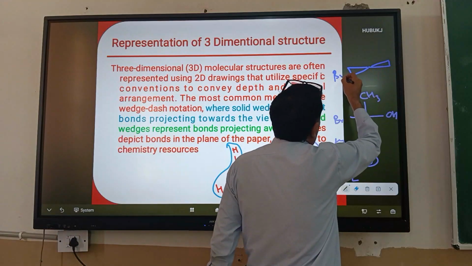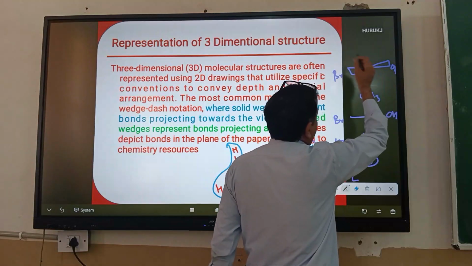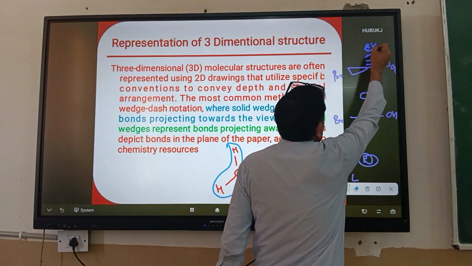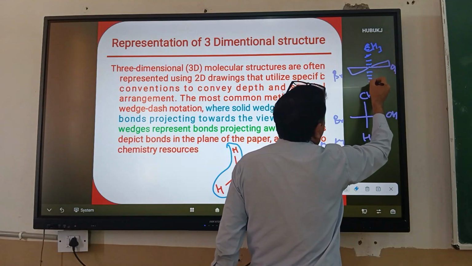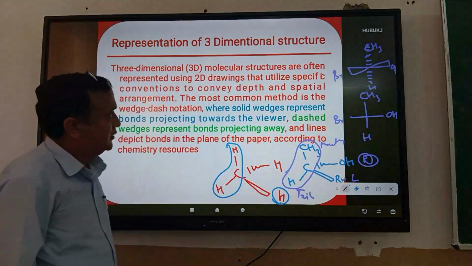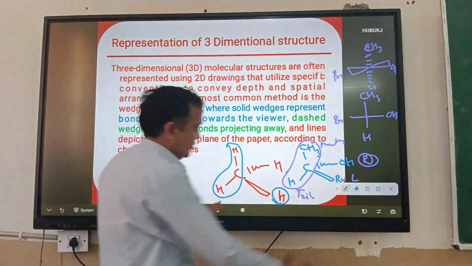It means bromo and OH are pointing towards you, while CH3 and H are pointing away from you.